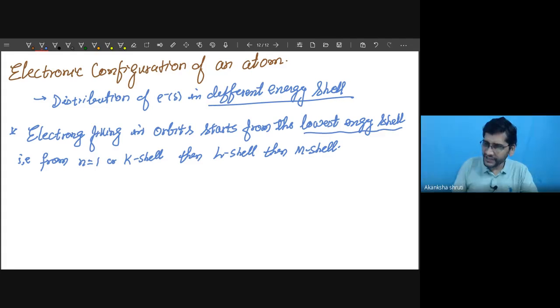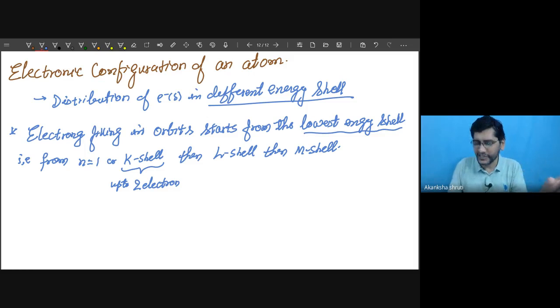And next we will write that this K shell can contain up to 2 electrons. Meaning if there is 1 electron or 2 electrons in an atom, then it will remain in K shell.